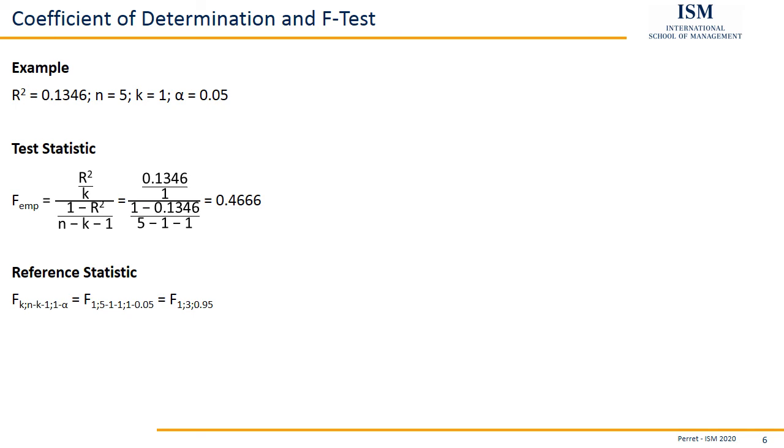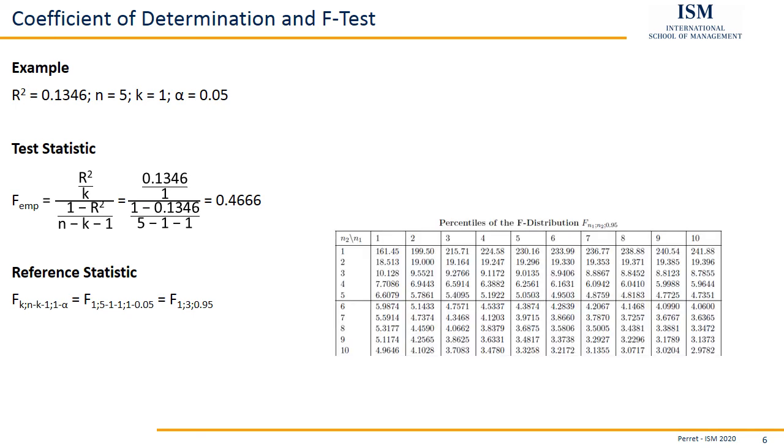So we take the table for 0.95. Take a look, this is column 1 because the first value is 1, and row 3 because the second value is 3. And here we find the value 10.128. So that's our reference statistic.